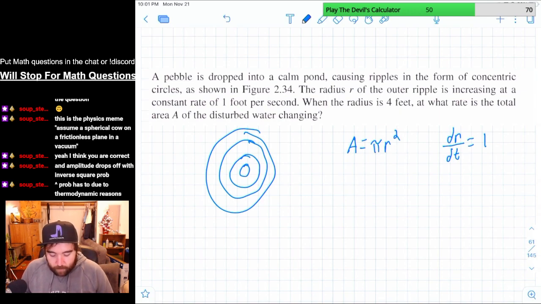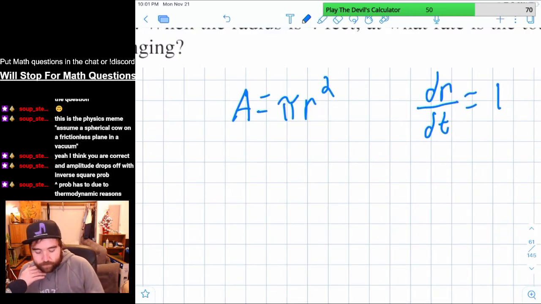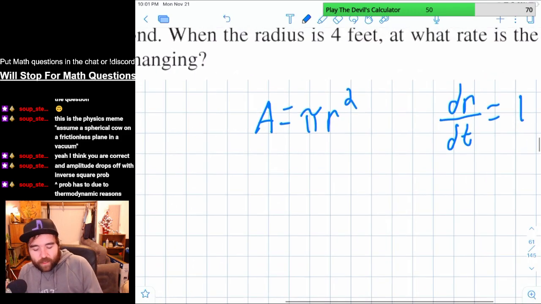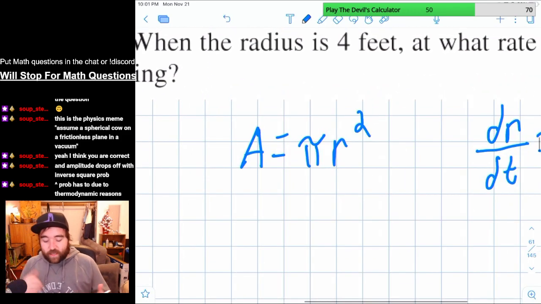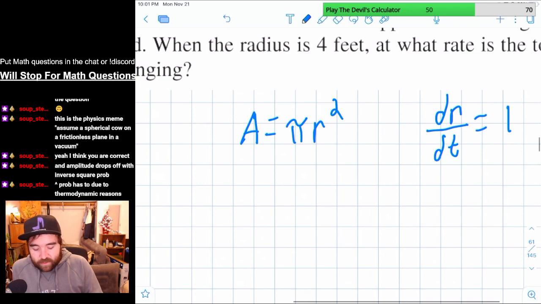So now we want to put that in our equation, but of course before we put that in the equation, we need to take the derivative so that it's actually in the equation. But we're not taking the derivative with respect to A, or with x, like normal, or with r, we're taking the derivative with respect to t.